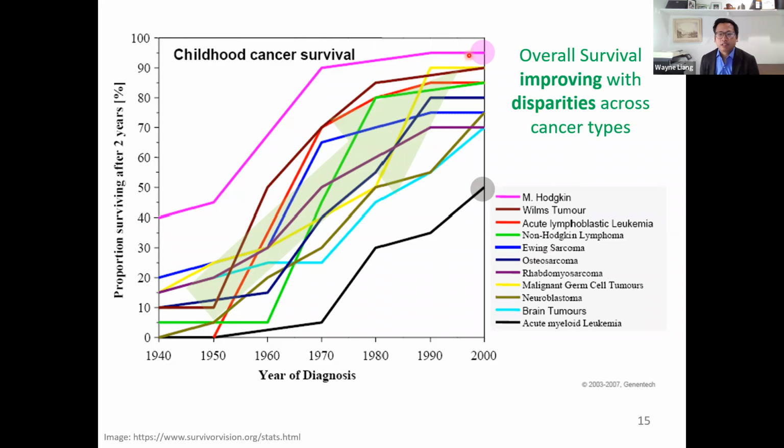So all cancer types in general have improved in their survival, but not in an even way. You can see here AML started off at 0, and now we're achieving about 50 or so percent. This is in 2000, so this is 20 years ago. The trend holds that the survival rate is still around here.